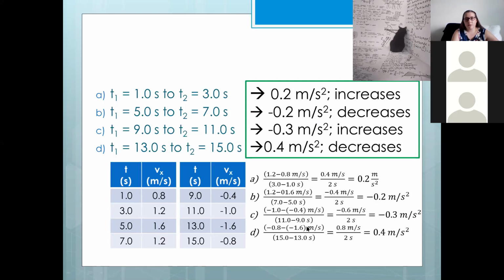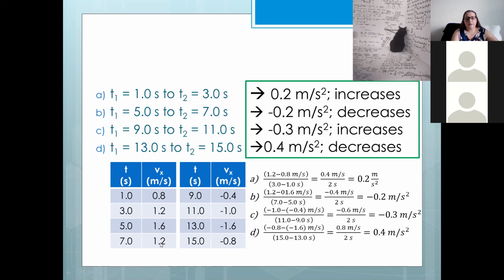Now, the question, remember, asked you if the speed was increasing or decreasing during that time interval. So we're going to take a look at the velocities. From 1 to 3 seconds, we went from 0.8 to 1.2 meters per second. So that difference was positive, and we increased in speed.